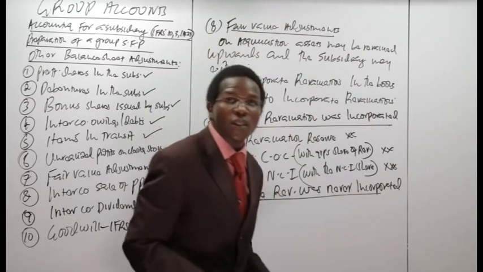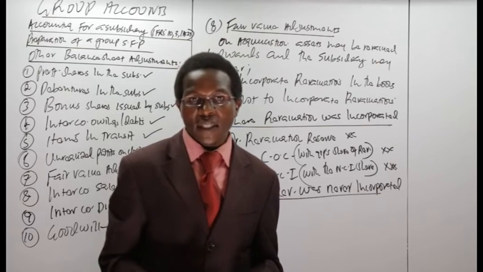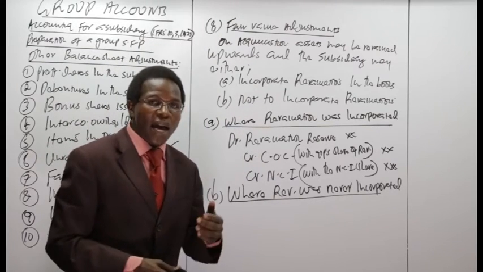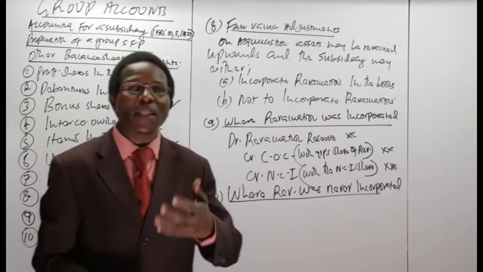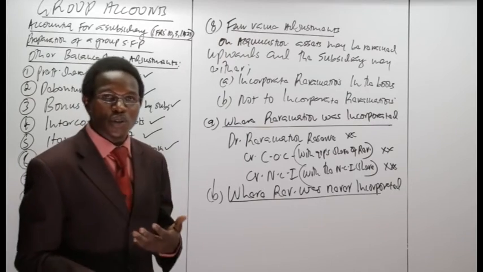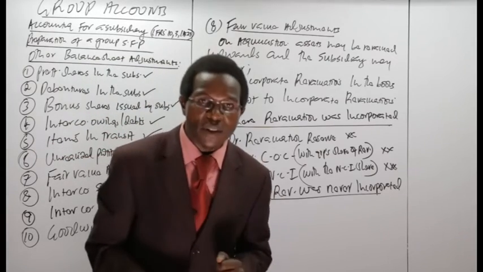Now, friends, one thing you need to know, once we have revalued an asset, there are always 2 or 3 things you need to remember. An asset will be increased by the revaluation. Once you have increased the asset by the revaluation, you always depreciate that asset using the revalued amount.